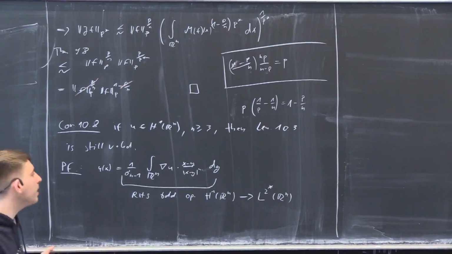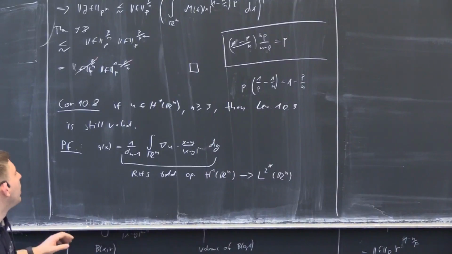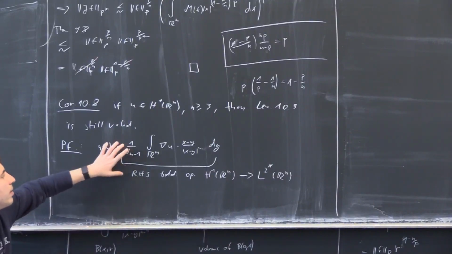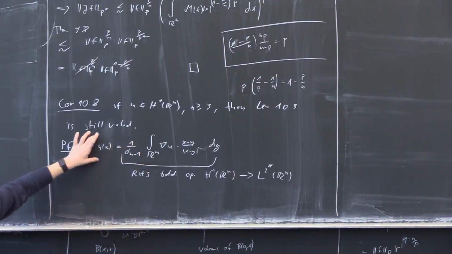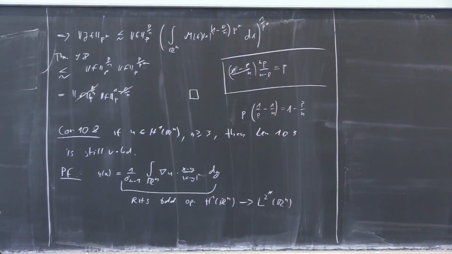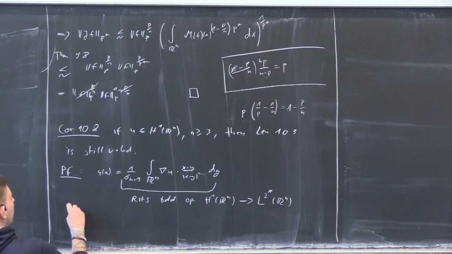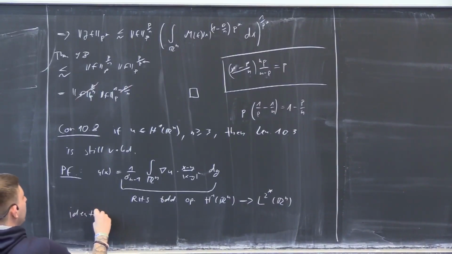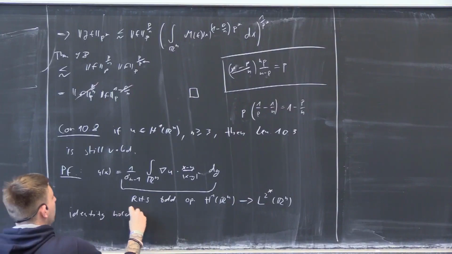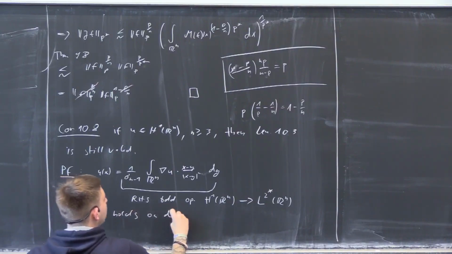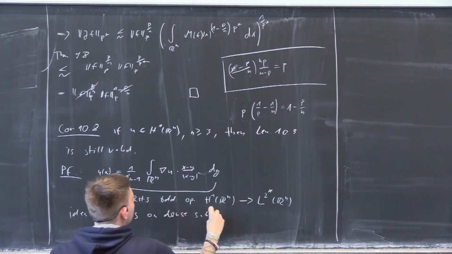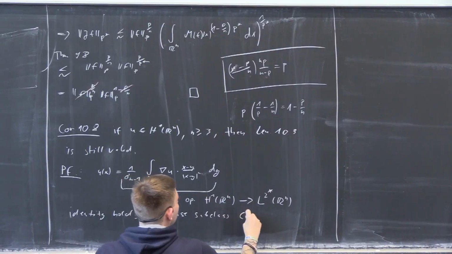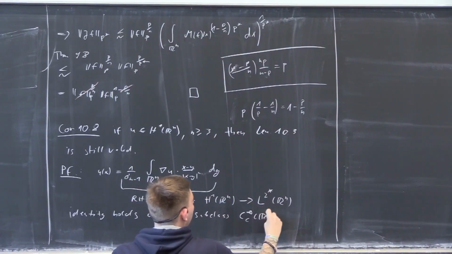Okay, so keep that in mind. So we know that the right hand side is a bounded operator, and we know that this identity holds on a dense subclass, C_c infinity of R^n.